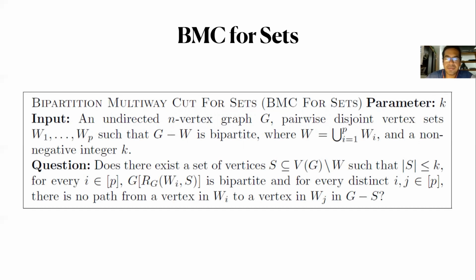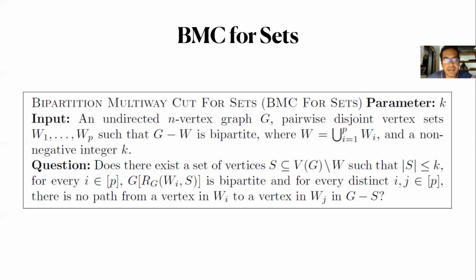So I will now introduce you to bipartition multi-way cut for sets. This is a variant of multi-way cut, a more difficult variant, where the input is an undirected n vertex graph and a set of pairwise disjoint vertex sets W1 to Wp, such that G minus W is bipartite, where W is the union of all these terminal sets, and a non-negative integer k.